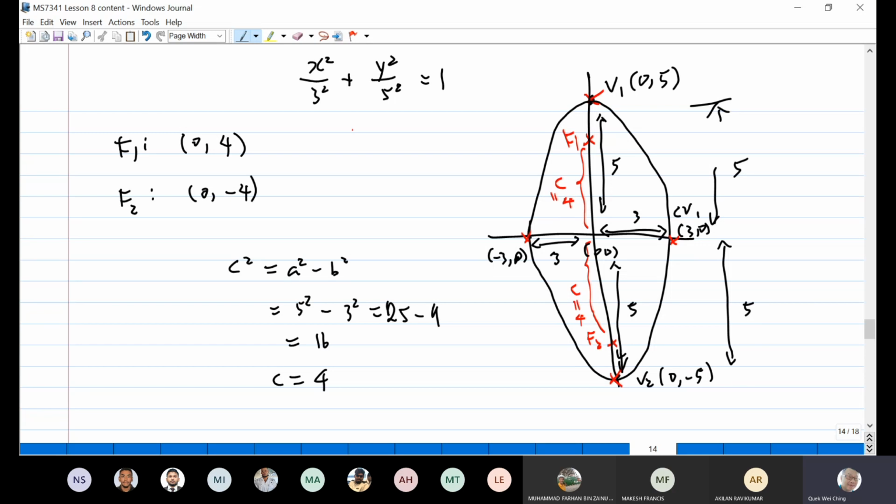So you answer the question of where all these points are. F1 is 0, 4, F2 is 0, minus 4, together with all the vertices and co-vertices here. So this is example 11. Using this, interpret the question, and you can find all the points you need.